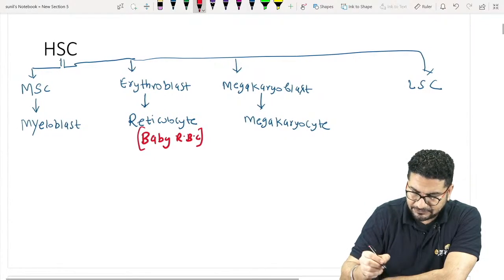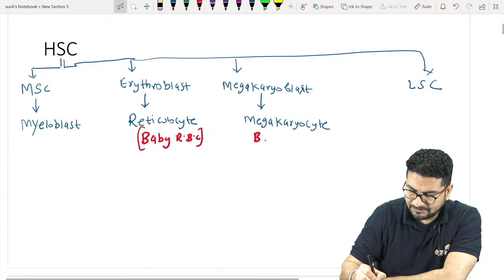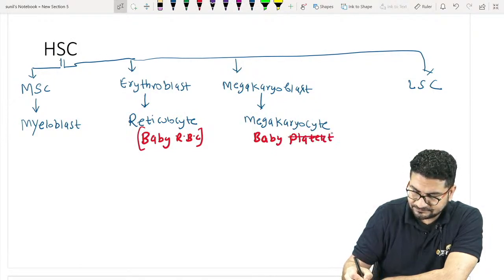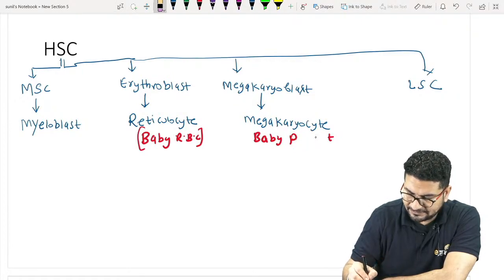And this megakaryocyte, remember, is your baby platelet. So today I told you two babies: baby RBC and baby platelet.